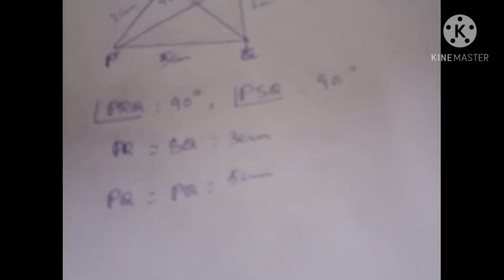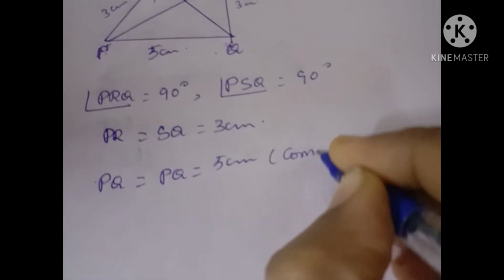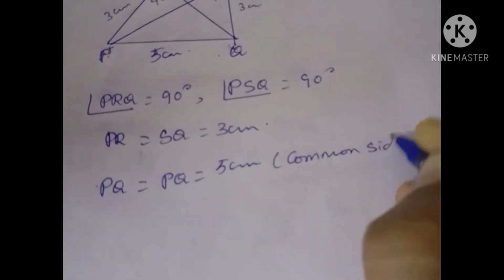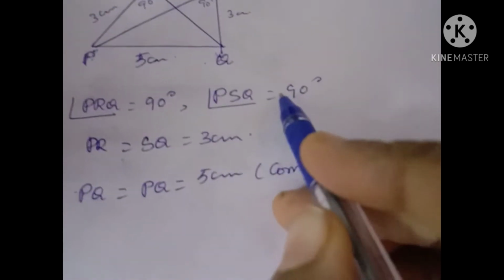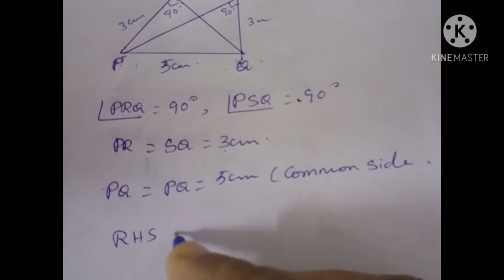PQ is equal to PQ, which is 5 centimeters. That is the common side. As one angle they have given is 90 degrees, it is the RHS criterion.